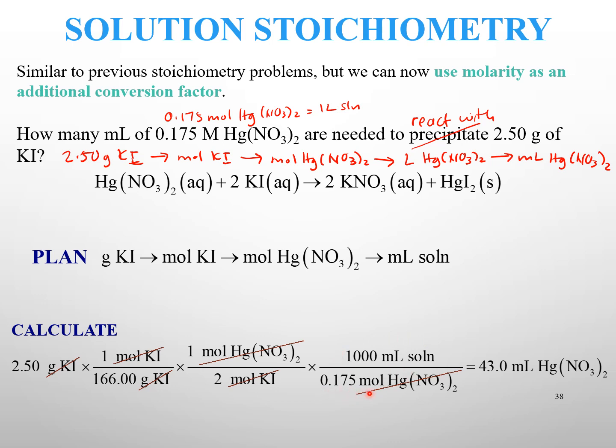It's 0.175 moles of Hg(NO3)2 to 1,000 mL, and you get your answer in mL. If you use the molarity as 1 liter, then you just turn the liters to milliliters. Same answer. So we get our answer as 43 mL.